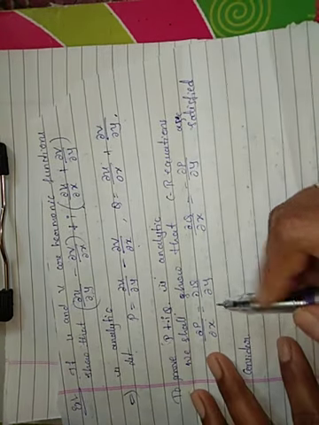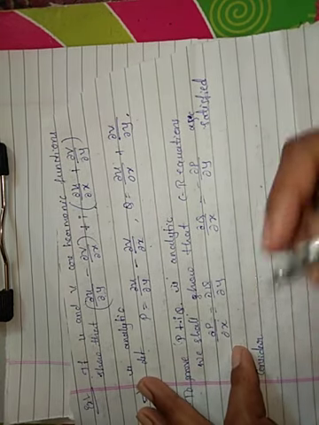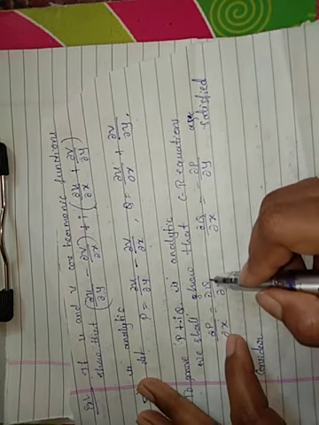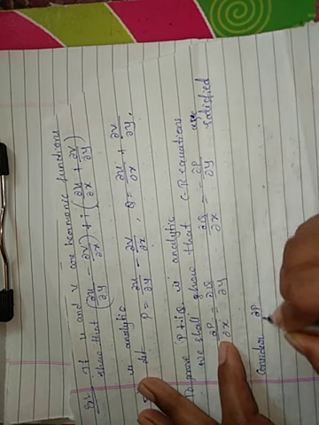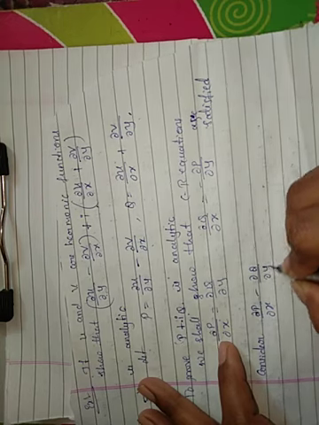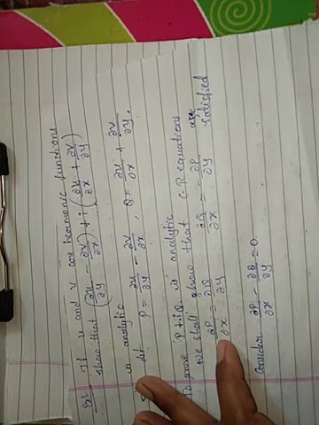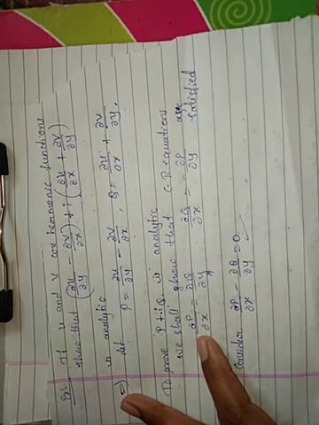We have to prove that dou P by dou x equal to dou Q by dou y. If I take this to the LHS, it becomes dou P by dou x minus dou Q by dou y equal to 0. If I prove that, then the first condition is satisfied.